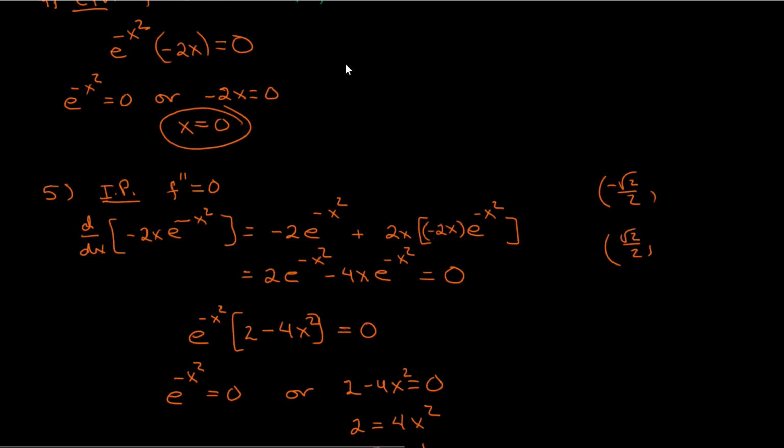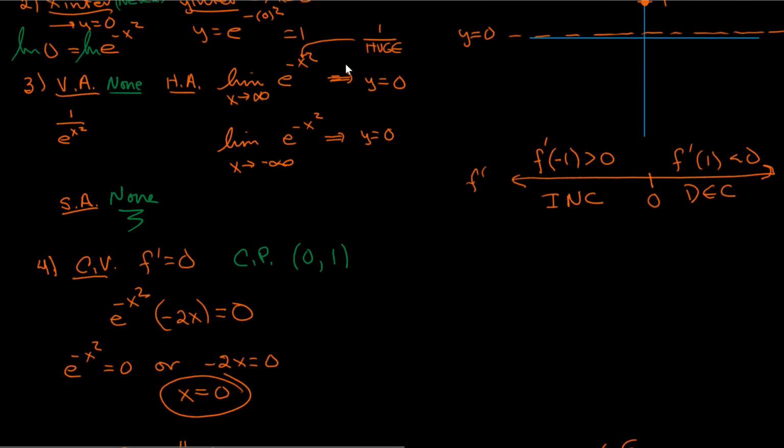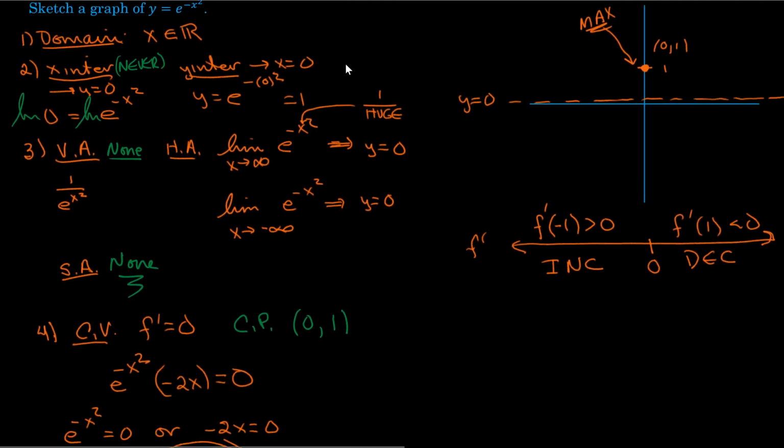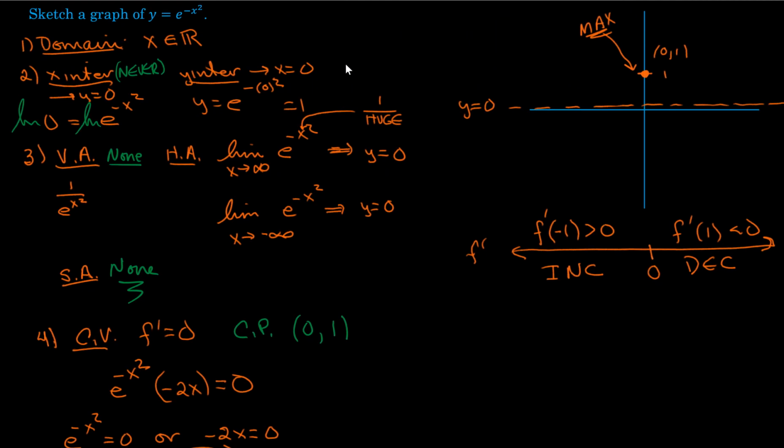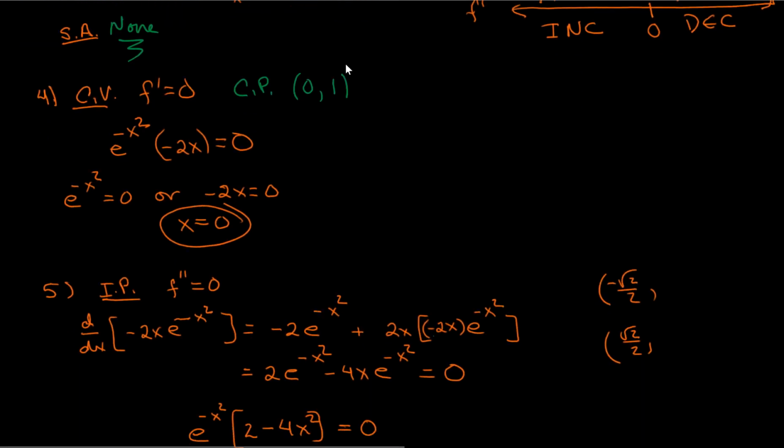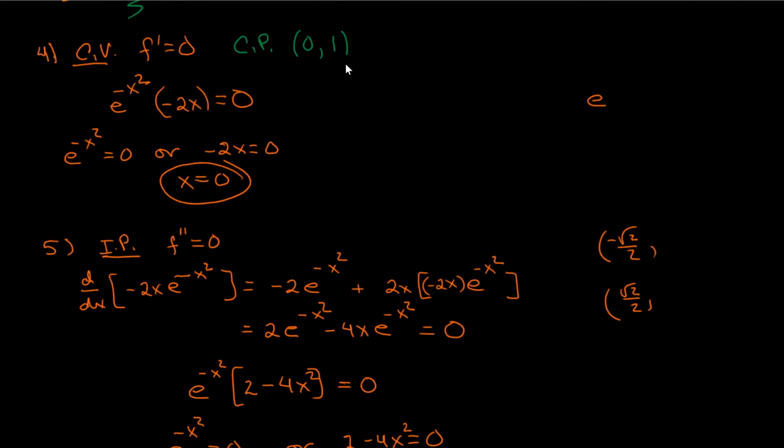Now, to get the y values, I need to substitute this square root of 2 over 2 back into the original function. That's e to the negative x squared. In the first case, it's going to give me e to the negative, and I'm going to have a square root of 2 over 2, negative squared. Negative doesn't really make any difference inside because that's going to be gone.